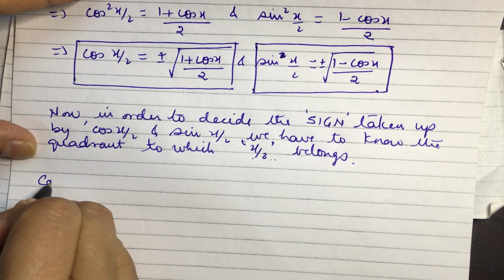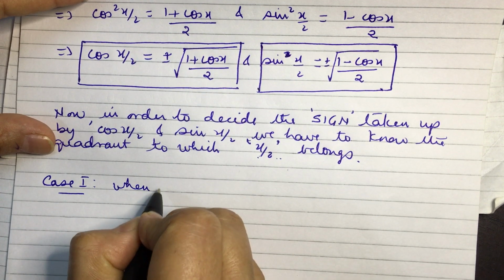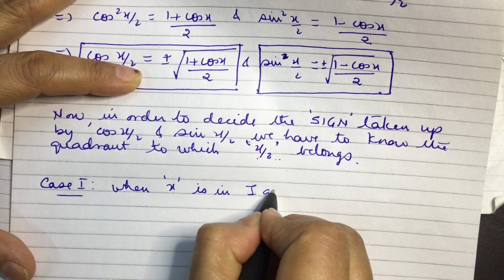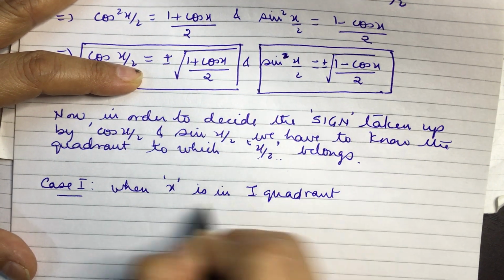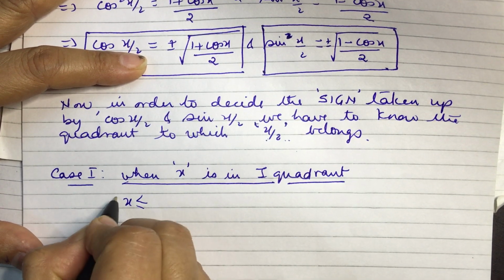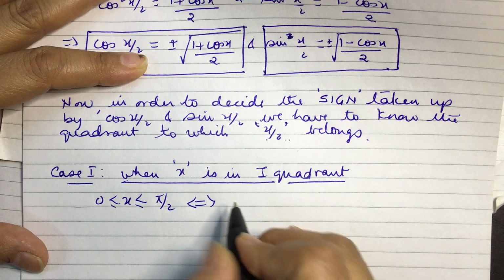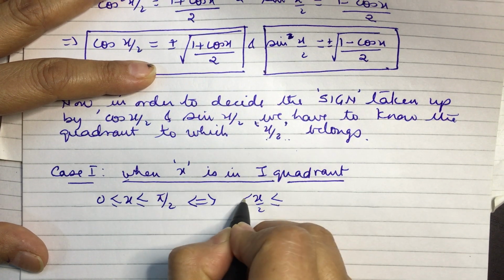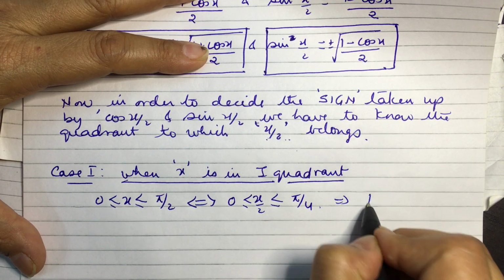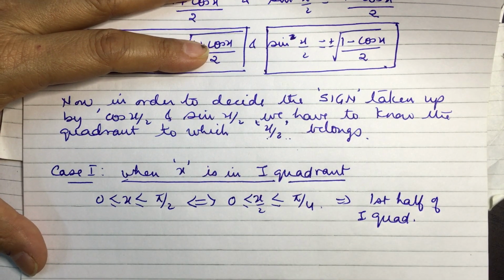Now first case 1 is that when x is in first quadrant. So when x is in first quadrant, what do we have? x lies between 0 and pi by 2, which implies that x by 2 would lie between 0 and pi by 4, which implies first half of first quadrant.